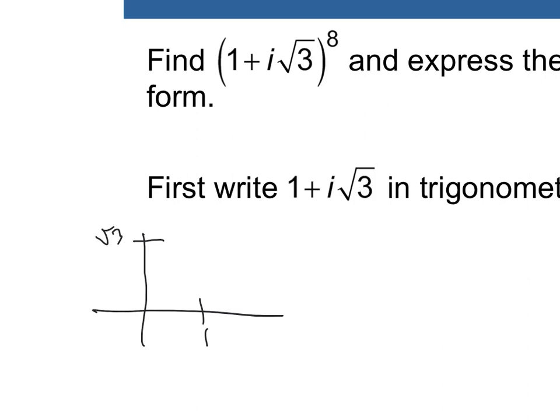It's probably 1.7, something like that. And so my vector goes out to here. Drop my triangle. That distance is 1. That distance is square root of 3. So we know that this was the 1, 2, square root of 3 triangle.